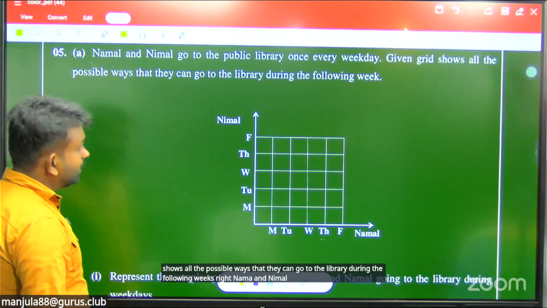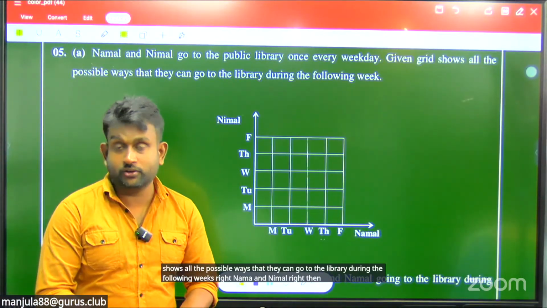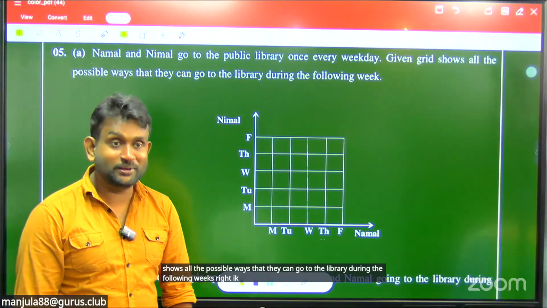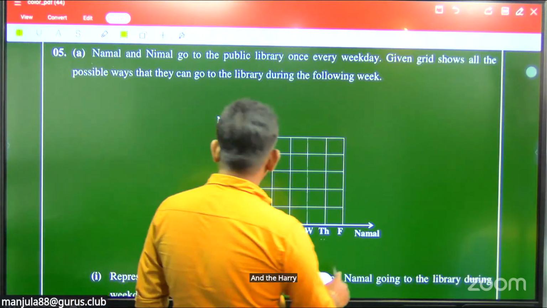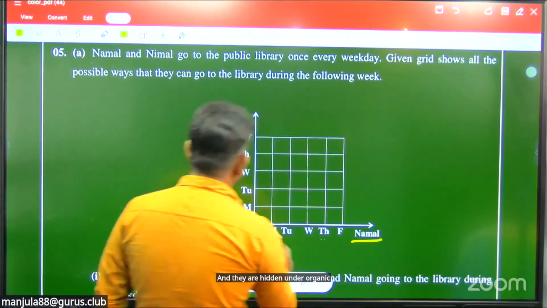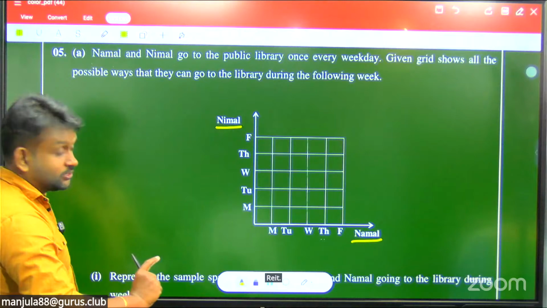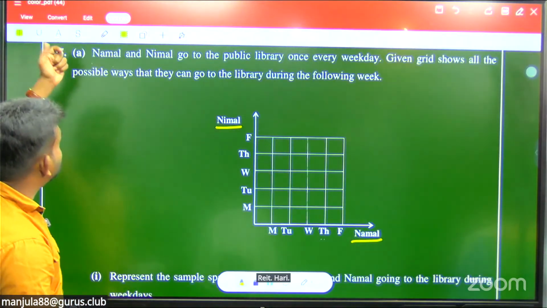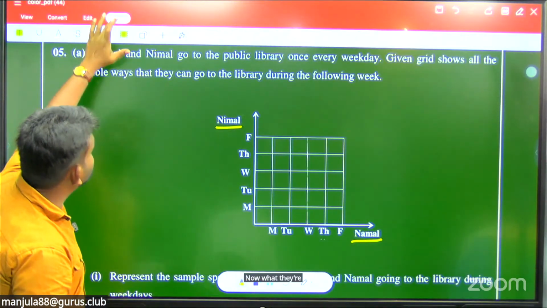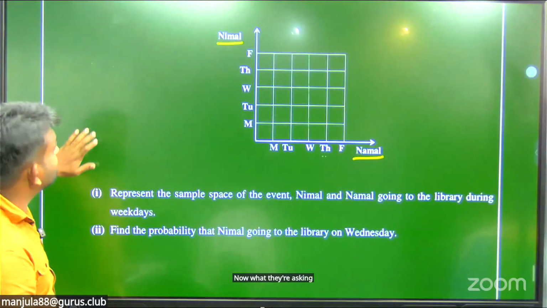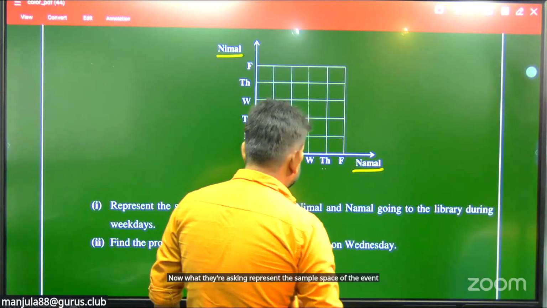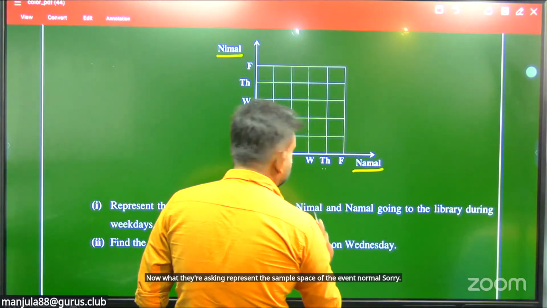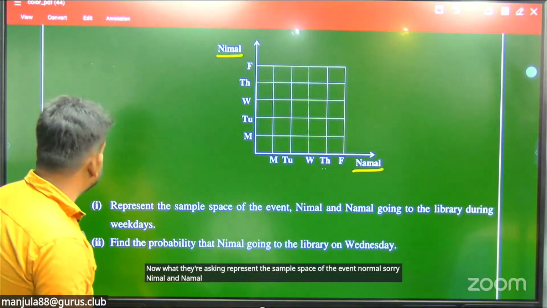Students get confused by these names in the exam, because only one letter differs, the I in Nimal. Don't swap the two axes. Now what they are asking: represent the sample space of the event of Nimal and Namal going to the library during weekdays.